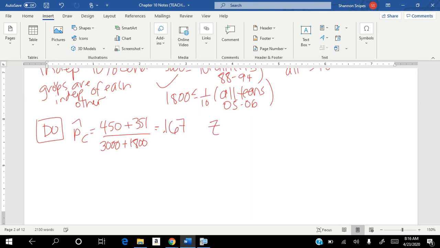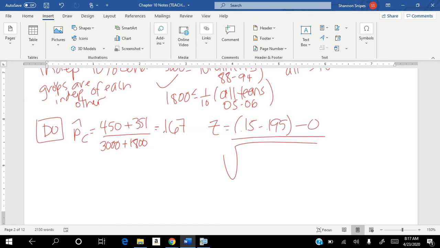So our z-test statistic is 0.15 minus 0.195. That is our statistic minus the parameter, which is 0, over the standard deviation of the statistic.